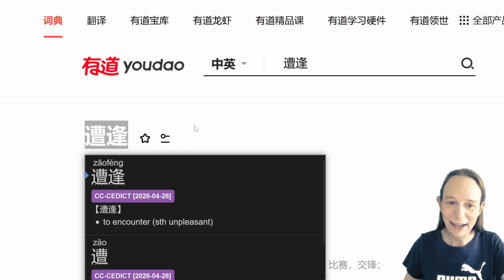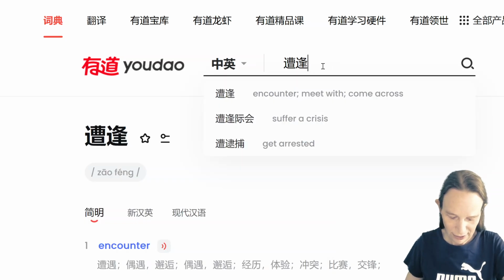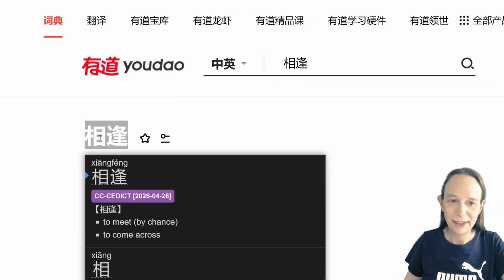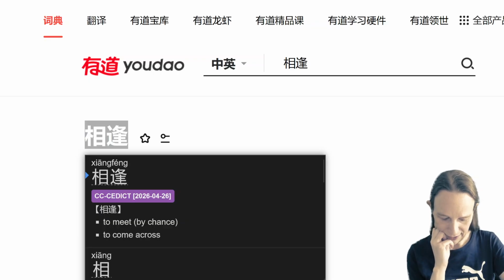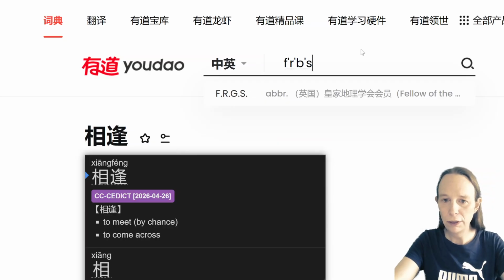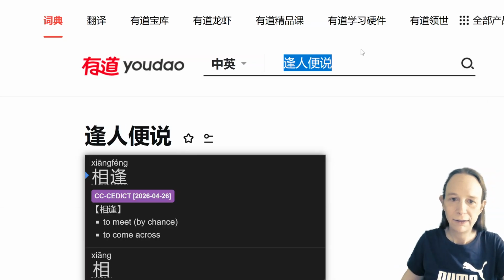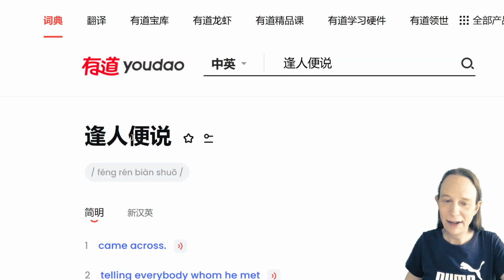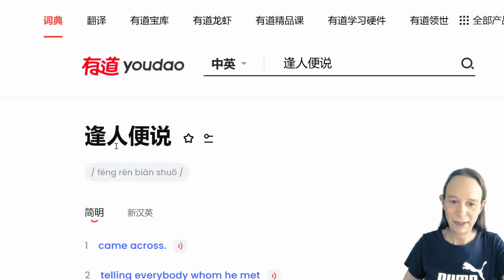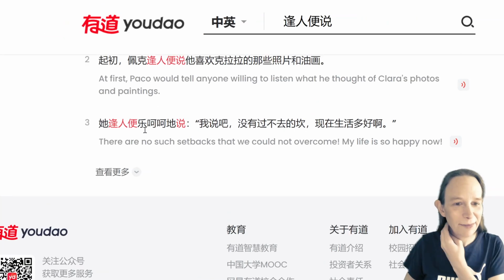Yeah, whenever you see 遭逢. 相逢. 逢人便说. I reckon that means meet someone and speak. What do you reckon it means?